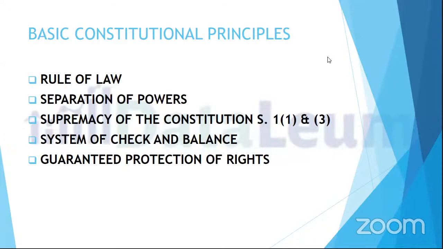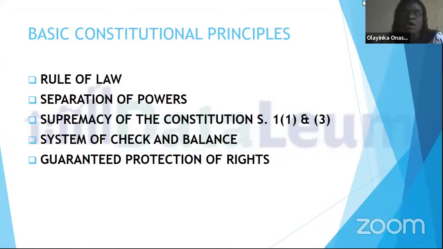So the powers of the president, being the executive, are checked by the legislature as well as the judiciary. The legislature has the power to impeach the president where he has come against certain provisions of the Constitution, or in circumstances where he has been found wanting or unable to give effect to the provisions of the Constitution.